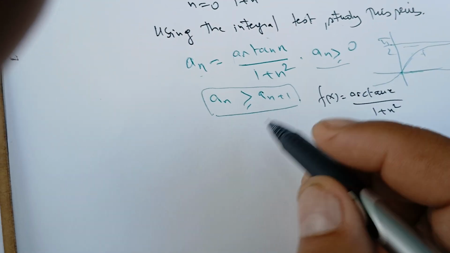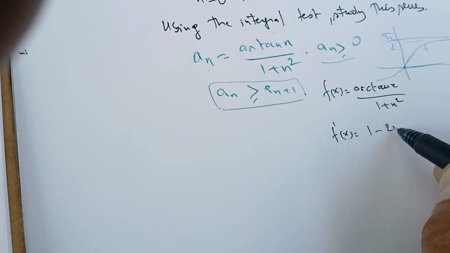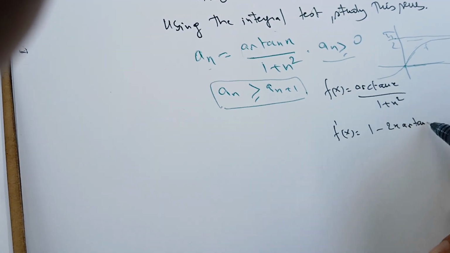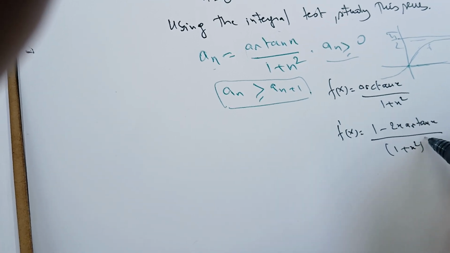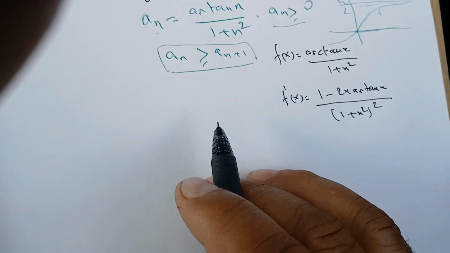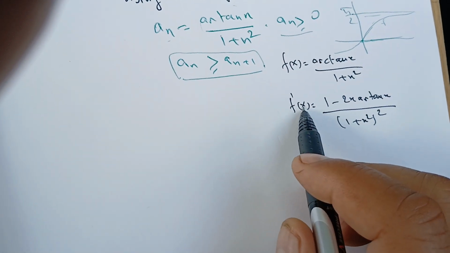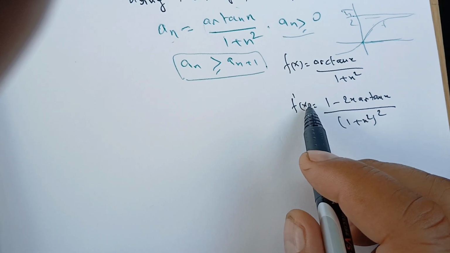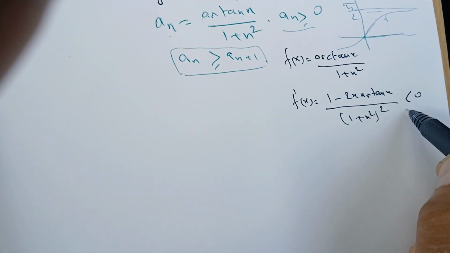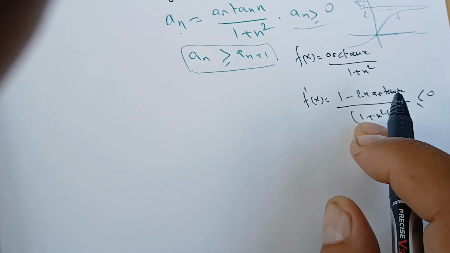If we compute the derivative for this one, we get (1 minus 2x arctangent of x) over (1 plus x squared) squared. Except when x is 0, if x is 0, we get 1. But if x is different from 0, this one is always less than 0.